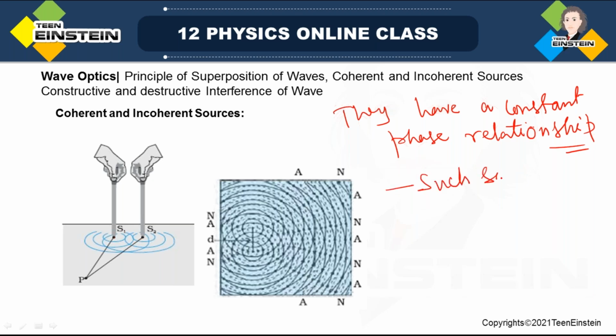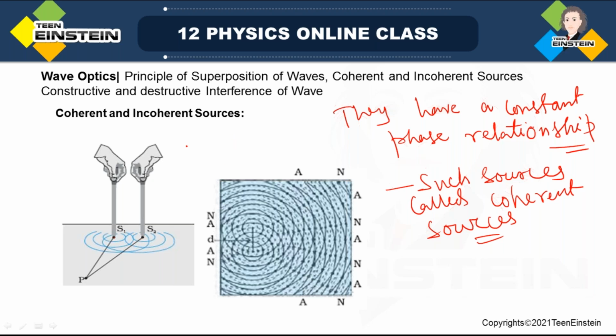Such sources are called coherent sources. What do you mean by coherent sources? If the waves produced by two sources maintain or have a constant phase relationship.